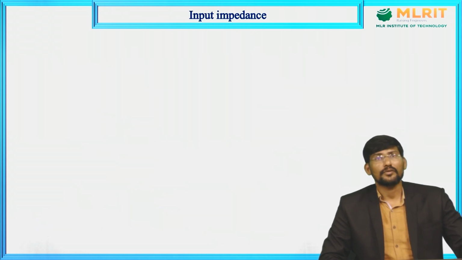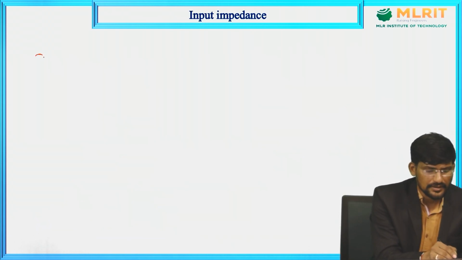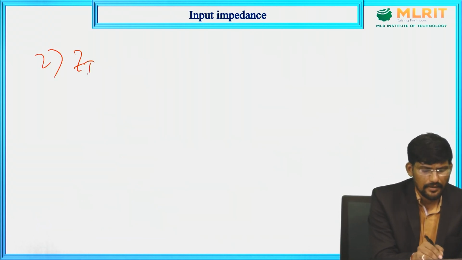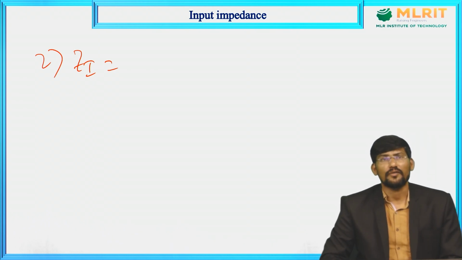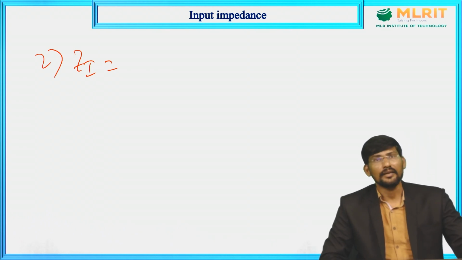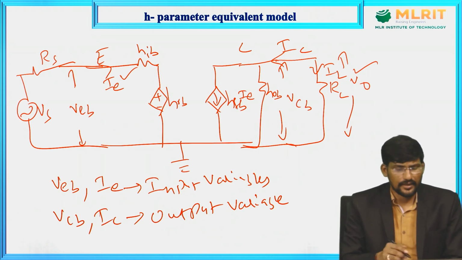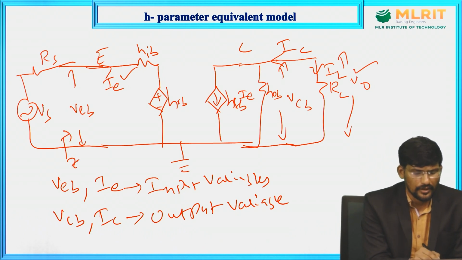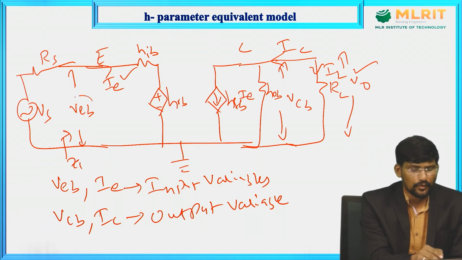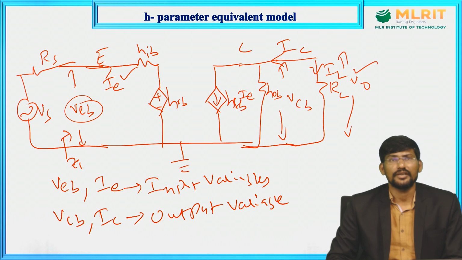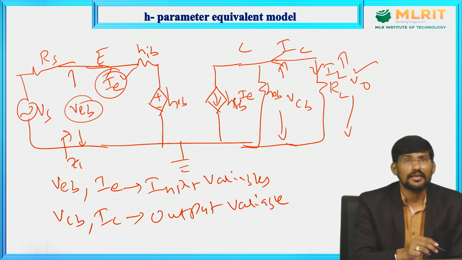Now coming to the next parameter, the next one is input impedance. Input impedance is defined as the ratio of input voltage to the input current. See the circuit, you will understand how to find out input impedance. What is the input voltage here? VEB, and input current is IE.